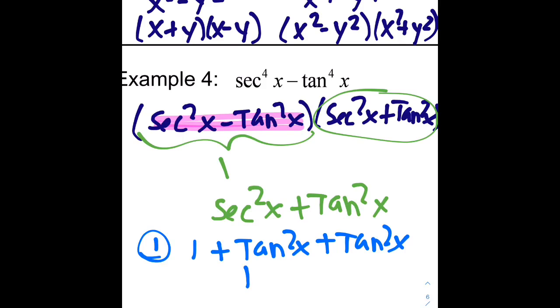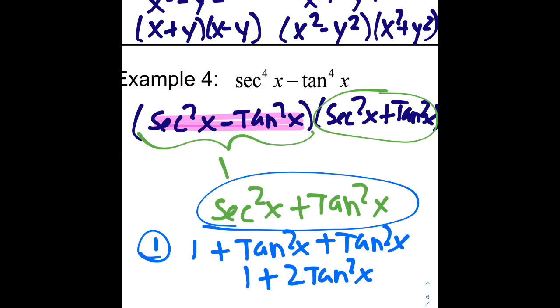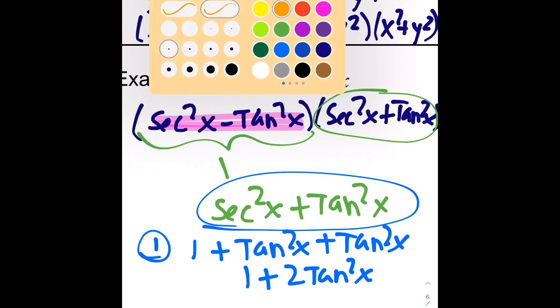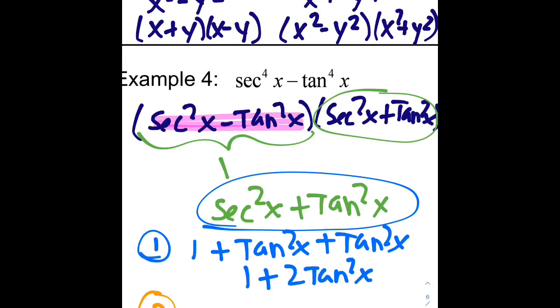And so if we were not in a virtual setting and we were taking a traditional pen and paper quiz, if a student told me that this simplified into 1 plus 2 tangent squared x, friends, that's equivalent. I would take it. Even though you didn't have to go any farther, that's okay, that's equivalent. Likewise, if I wanted, I could keep the secant squared of x, and instead of the tangent, put in 1, that was incorrect.